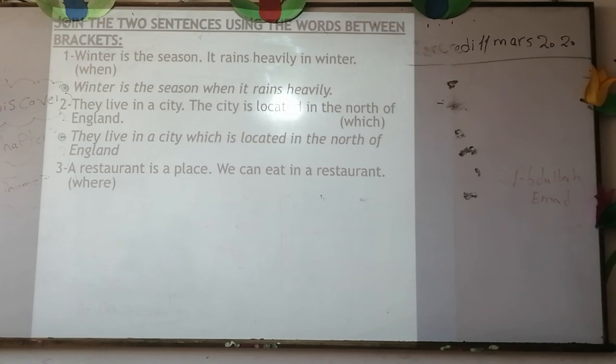Okay. A restaurant is a place we can eat in a restaurant. We're going to cross a word from the second sentence. What is this word?